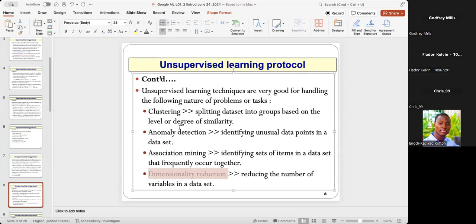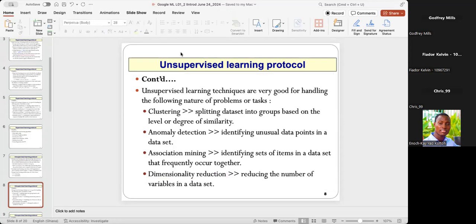Then it will reduce our computational time. So these are areas that when we have to develop an application to solve a problem of a particular nature that conforms to this, then the best technique to use is unsupervised learning. It doesn't mean that we cannot use supervised.